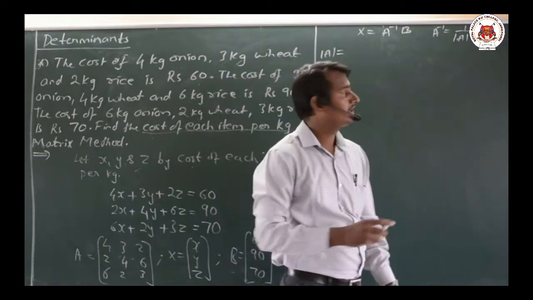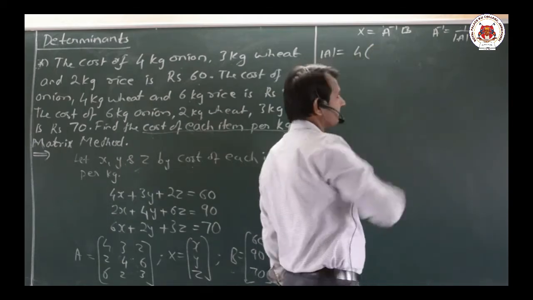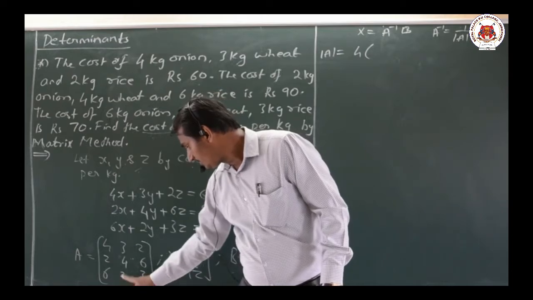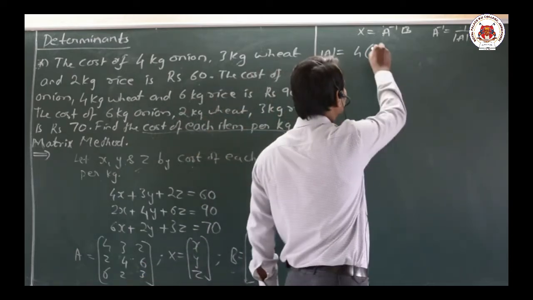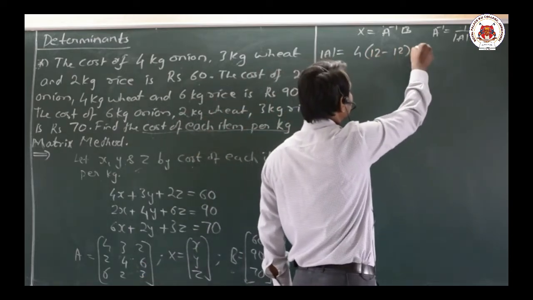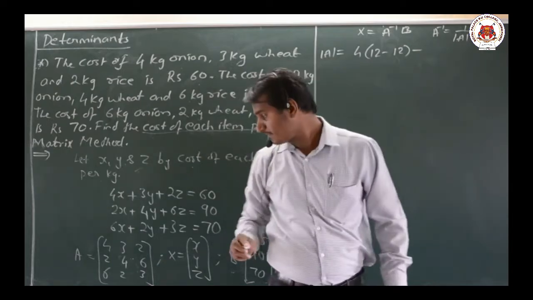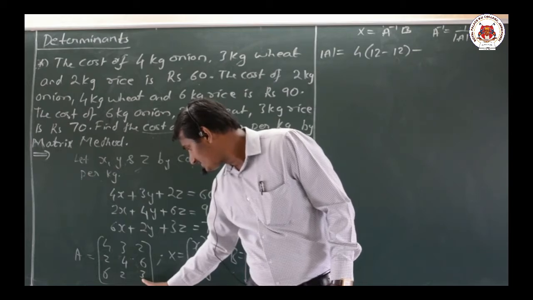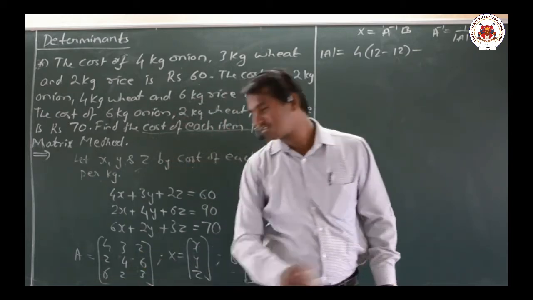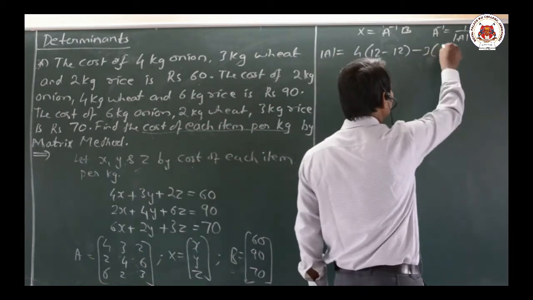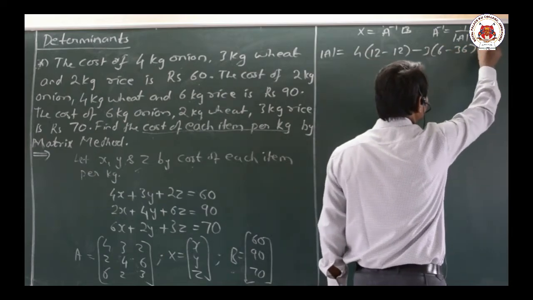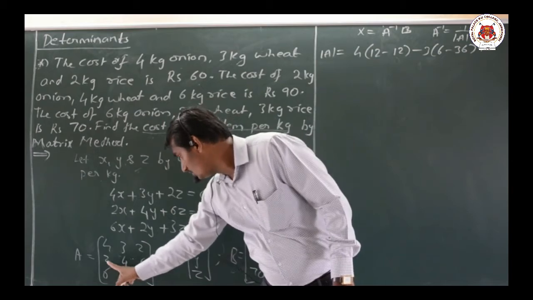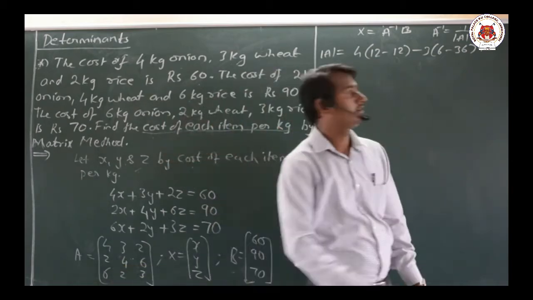Determinant of A equal to 4 into (12 minus 12), that is 0, minus 3 into (6 minus 36), plus 2 into (4 minus 24).